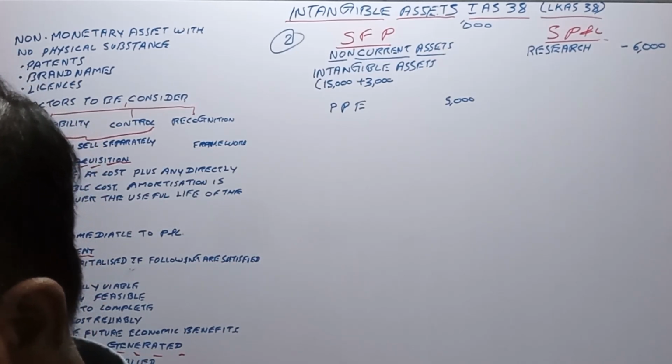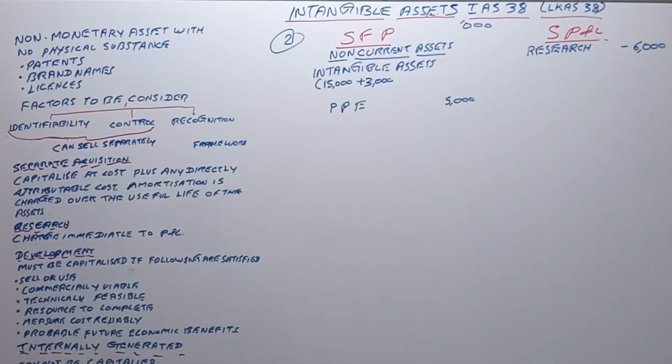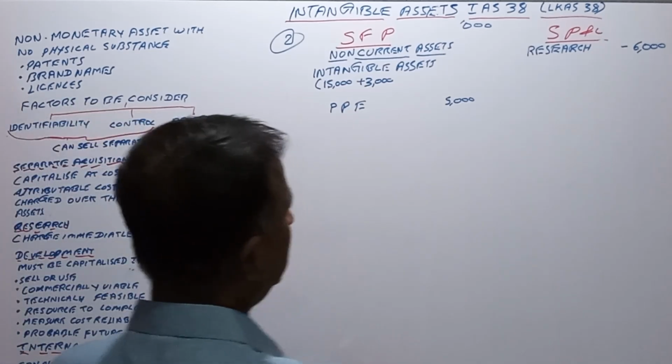Further, 1 million was spent on marketing and 0.5 million on training sales staff.